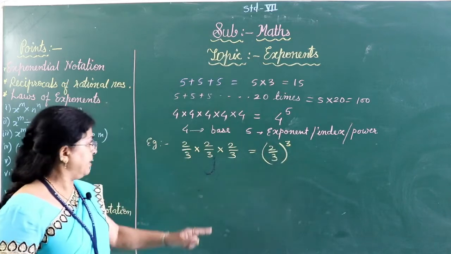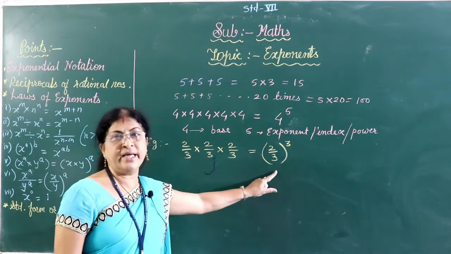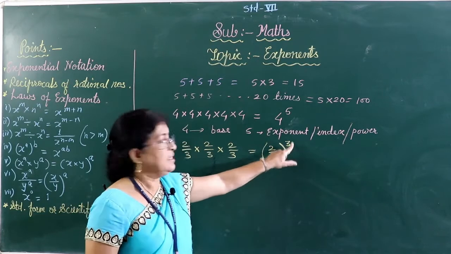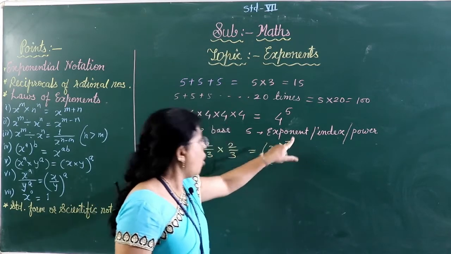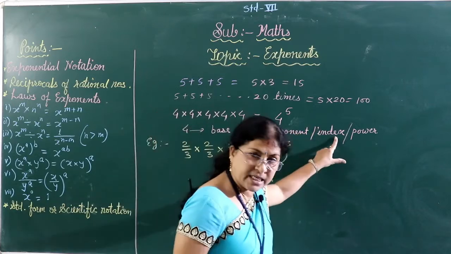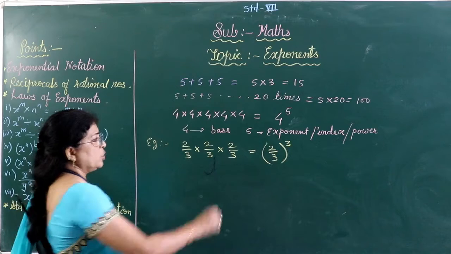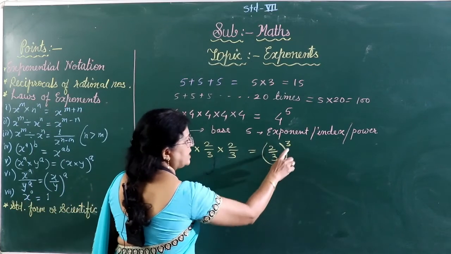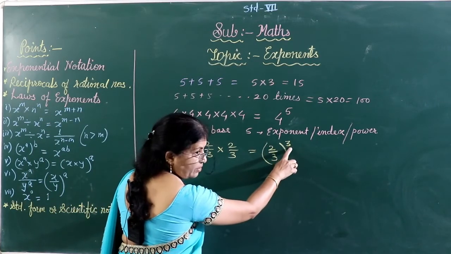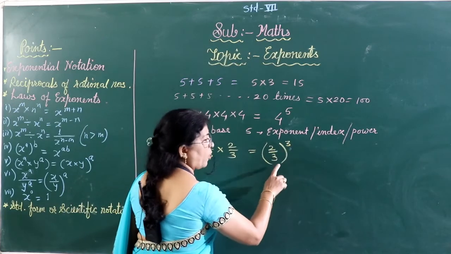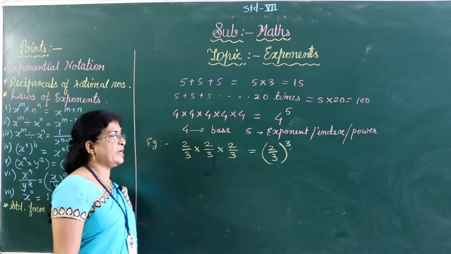Here 2 upon 3 is called the base and 3 we call the exponent, or index, or power. And how do we read this? 2 upon 3 raised to the power 3, or we can say the third power of 2 upon 3. In this way also we can read it.